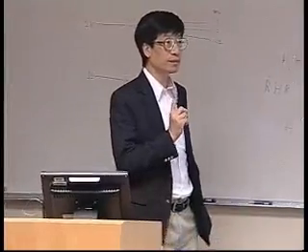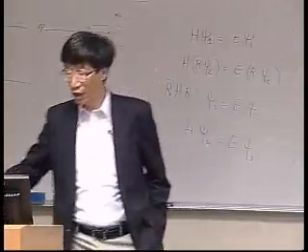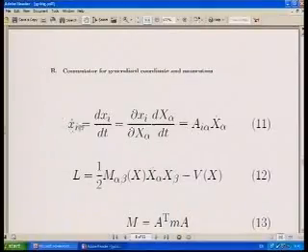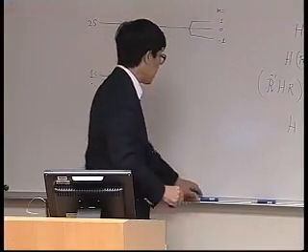Now, notice one thing. Because we are talking about velocities, we are concerned with infinitesimal displacements, dx upstairs. And the infinitesimal displacements satisfy linear transformation properties. By this, I mean the following.